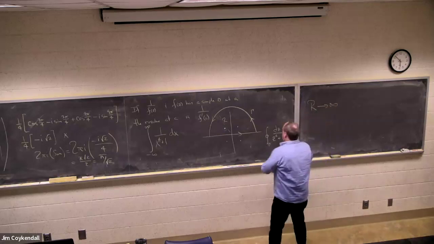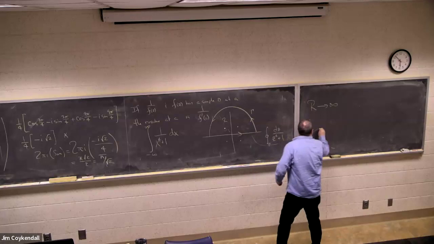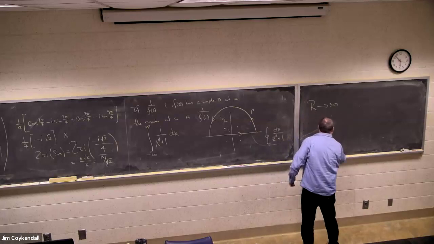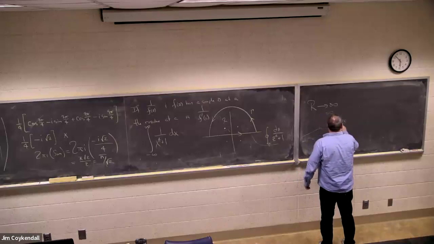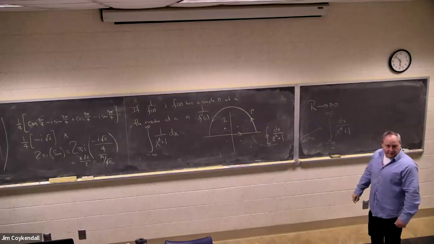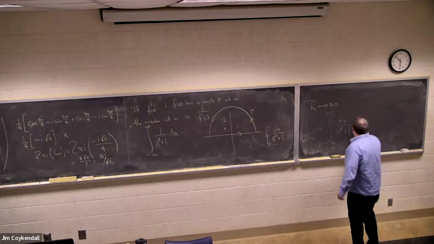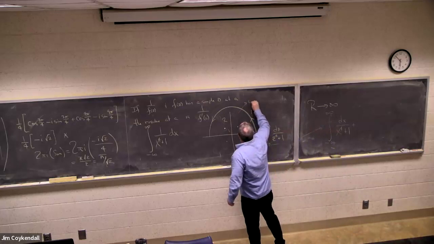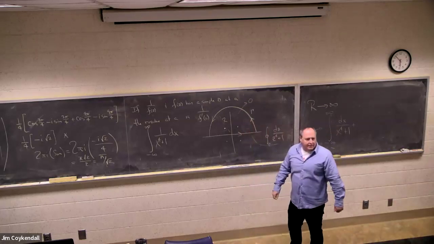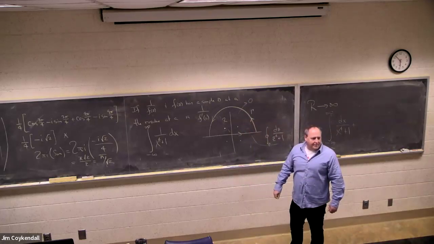Then this bottom piece becomes the integral we want, right? And the top piece, this goes to 0. How come?